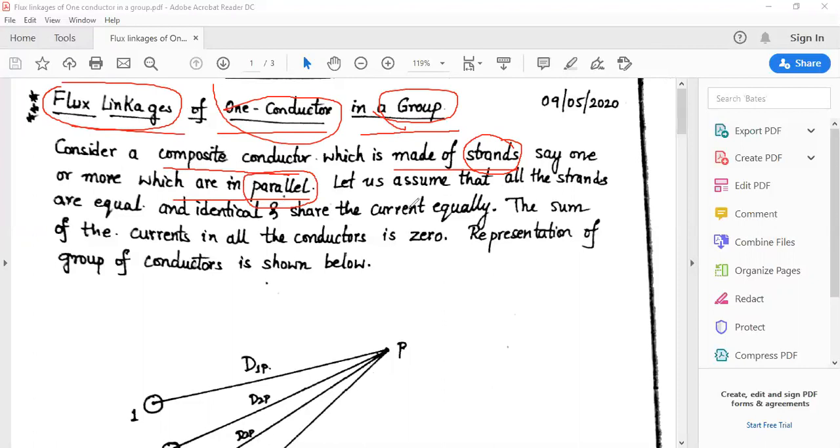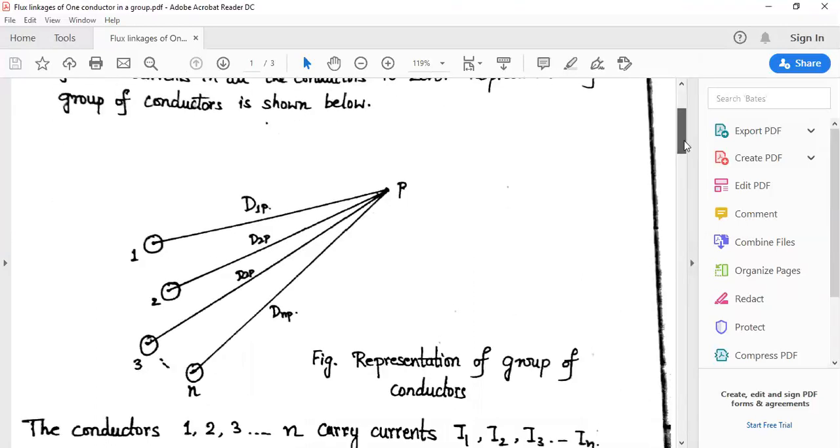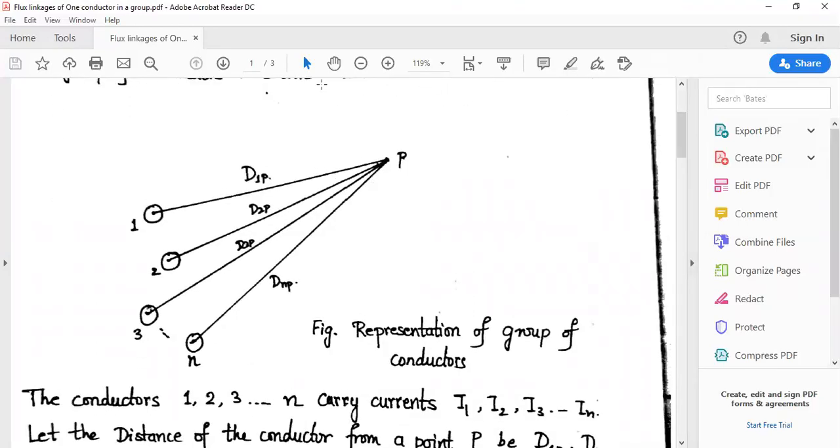One important thing is that the stranded conductors are equal and identical and share the current equally, and the sum of the currents in the conductors is equal to 0.